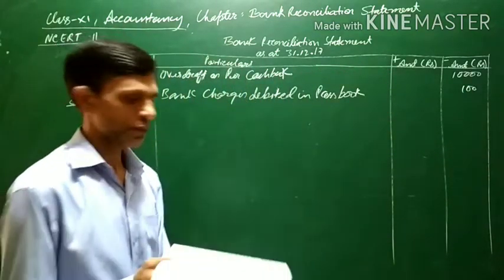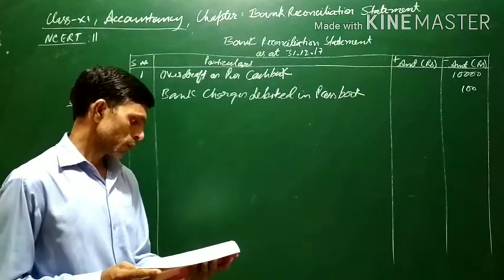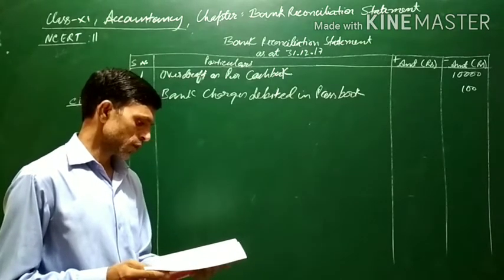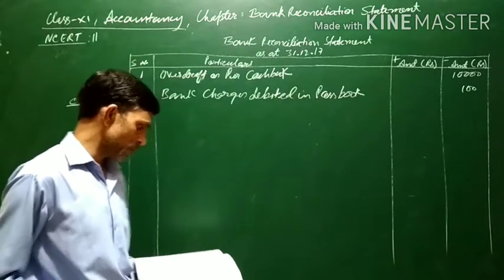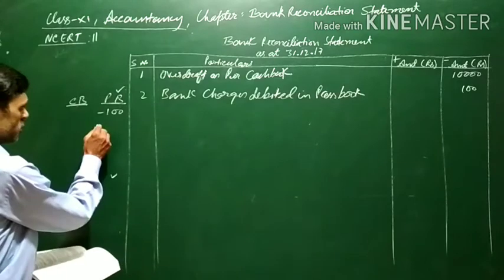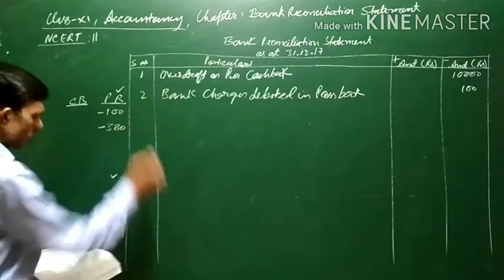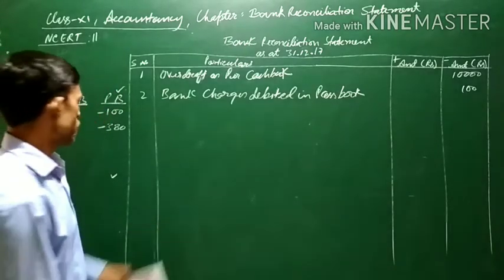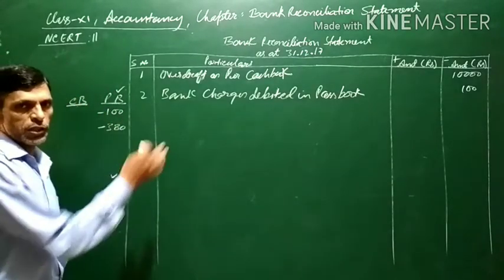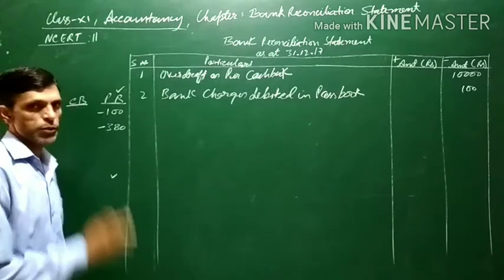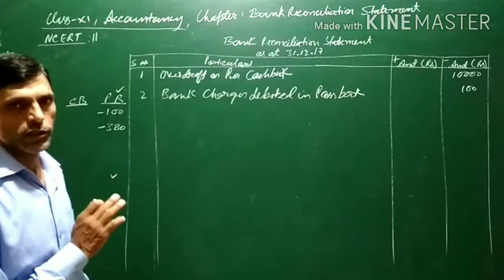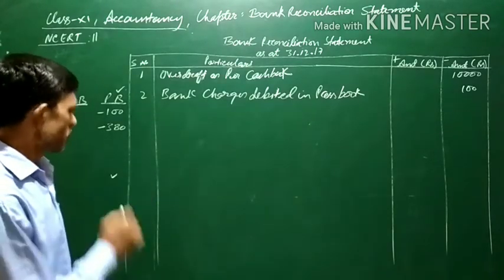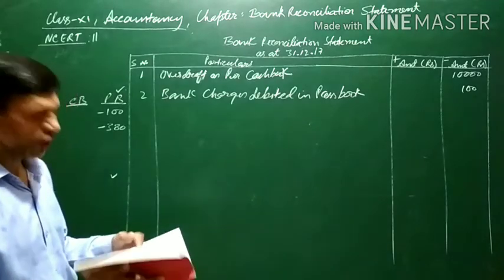Now next is: interest on overdraft for 6 months ending 31st December 2017, 380, debited in the passbook. Similarly, there is a debit of 380 rupees on account of interest on overdraft. So what has happened in the passbook? There will be a deduction, or less balance, of 380 rupees reflecting in the passbook on account of the interest debited on the overdraft.